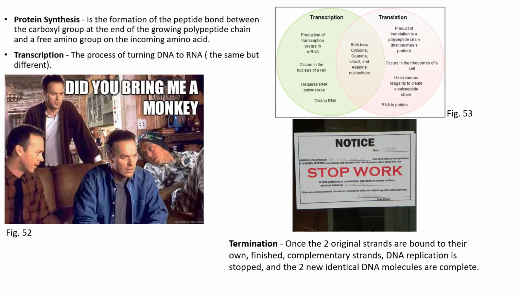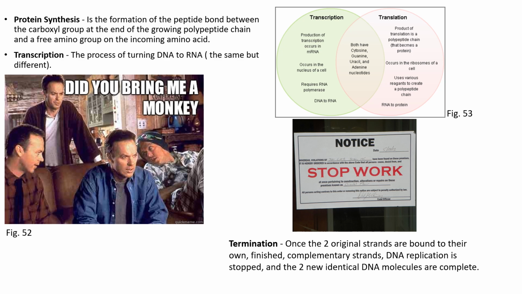Then you've got your protein synthesis. Synthesis again is where things are joining up. So you've got your carboxyl group and it forms a peptide bond with a polypeptide chain. Transcription is going to be turning DNA into RNA, so it's the same but different. Makes me think of Multiplicity, so it's like a copy of a copy. And then you've got your transcription and translation.